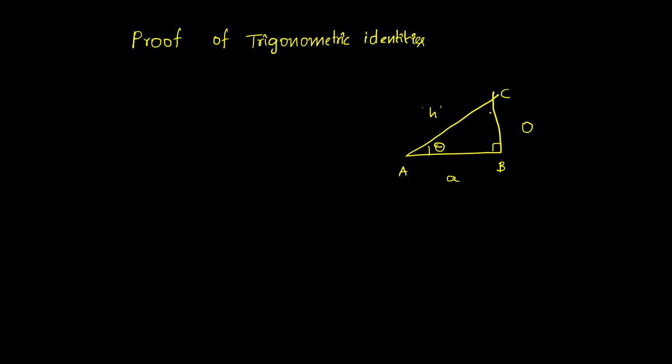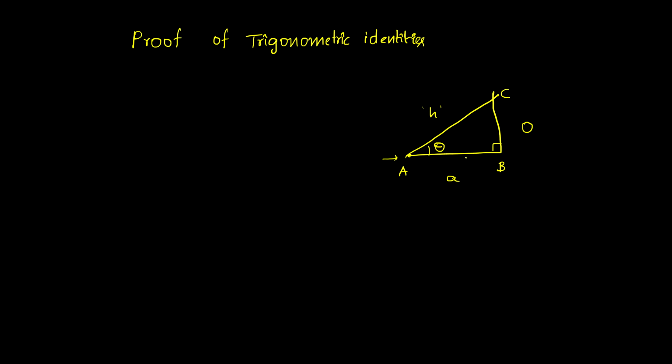I'm telling you once again, since BC is standing opposite to the angle, opposite to the observation point, the observer is here, from his point of view BC is in the opposite direction, so that is why BC is known as opposite.